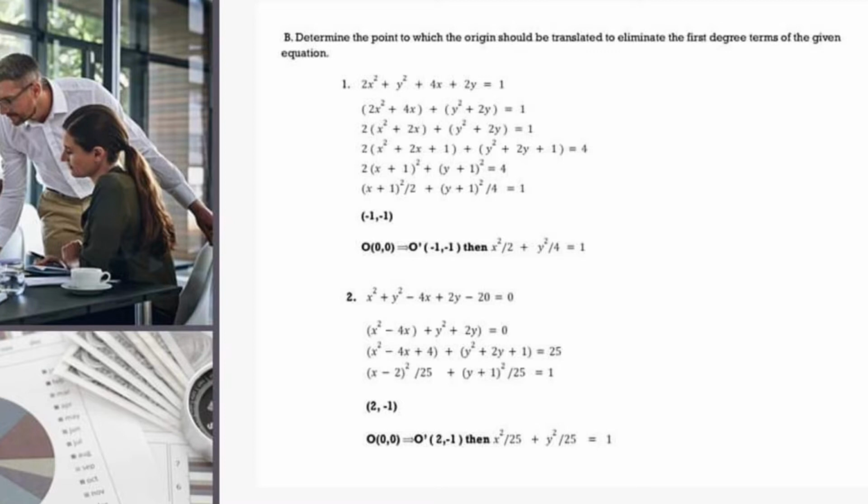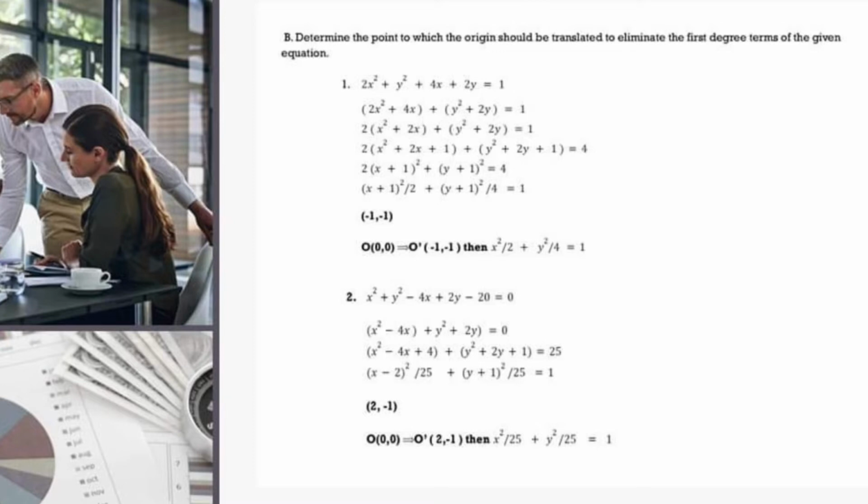Kaya nagkaroon ng 1 dun sa first quantity. And then, dun naman sa y, ganun lang din yung ginawa. Since 2 yung katabi ng y, 2 multiplied by 1 half is equal to 1, and then squared. And 1 squared is equal to 1. So, that's why we have here a 1.